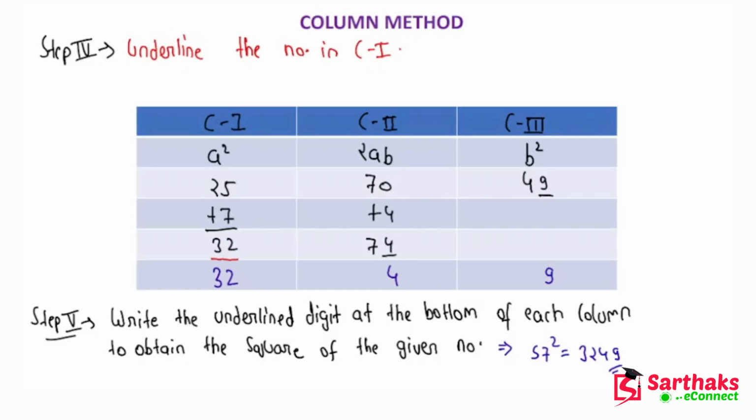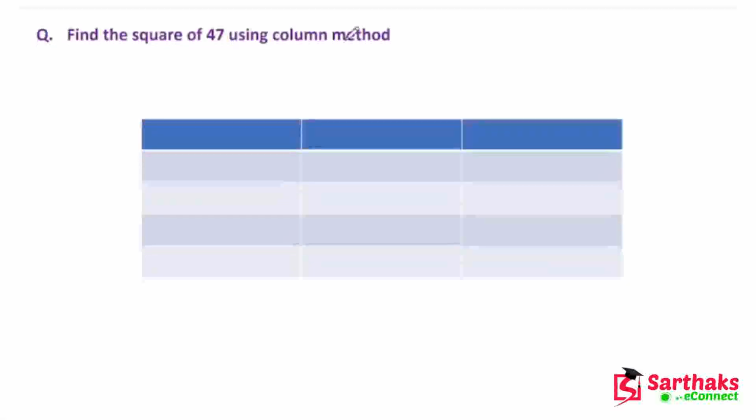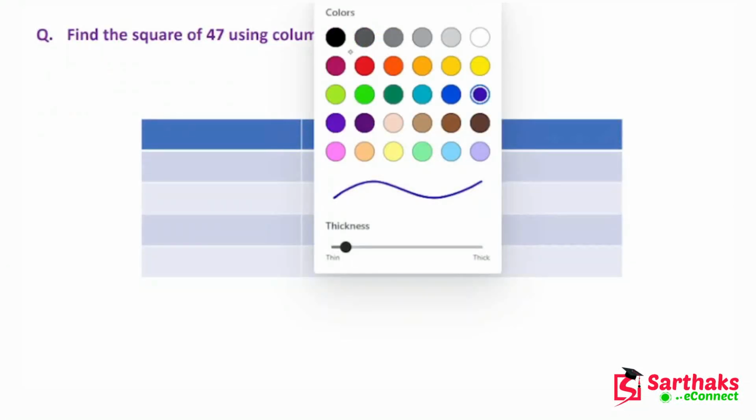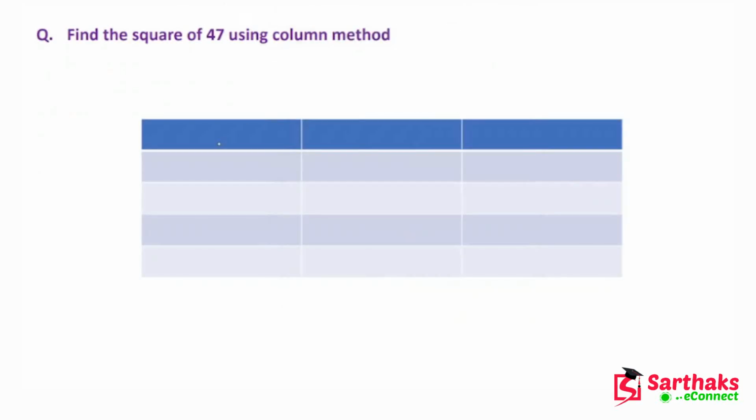So let us see with the help of a question how this method actually works and how this method is actually helpful. Okay, so we have to find the square of 47 using column method. So first of all, let us see here. AB equals 47, which implies that A equals 4 and B equals 7.